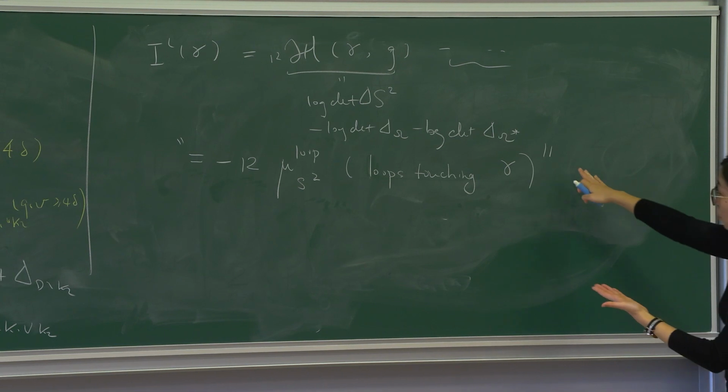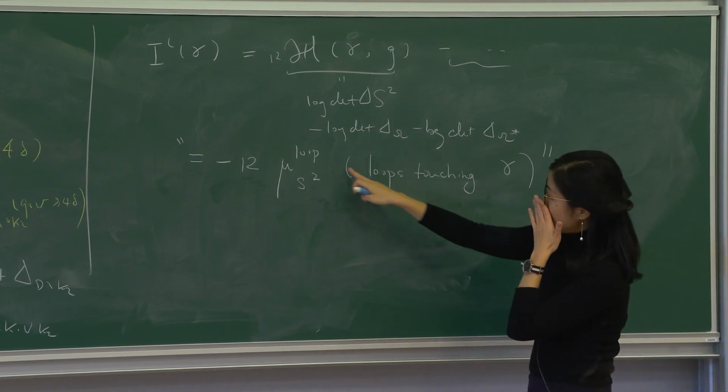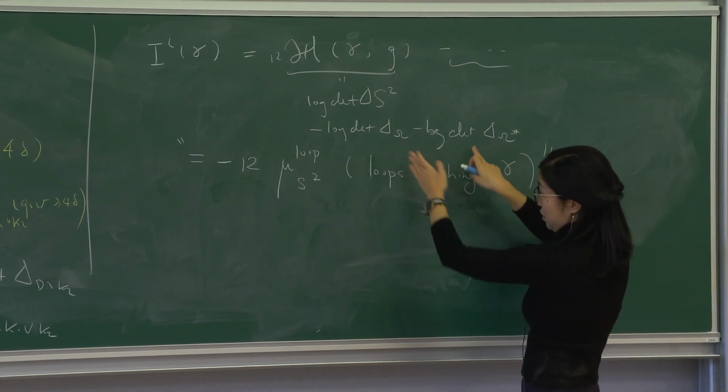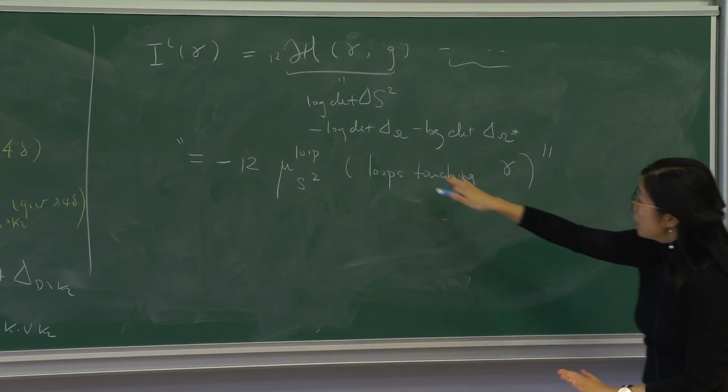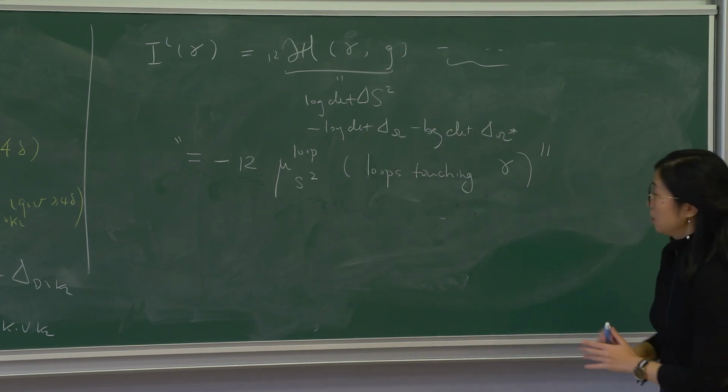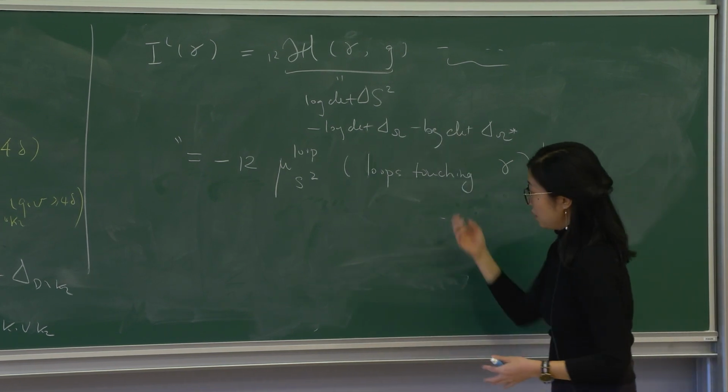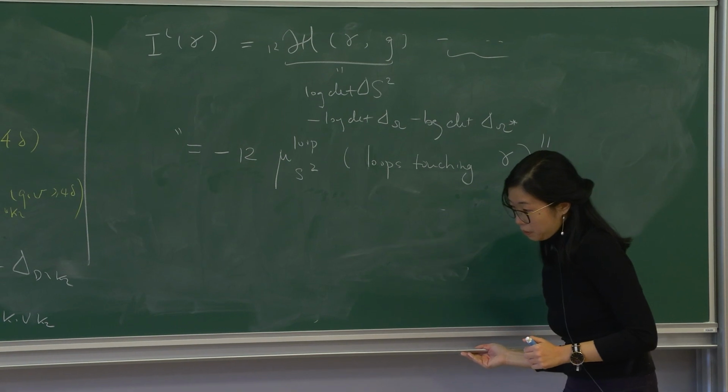Again, this quote mark is here because this loop measure is infinite. But still, you can think of this heuristic. This is the way I think about the Loewner energy.